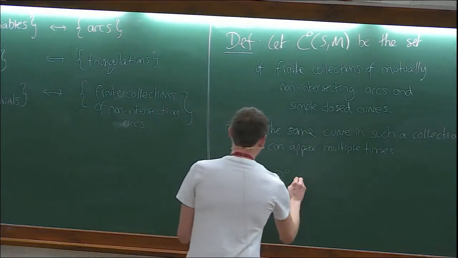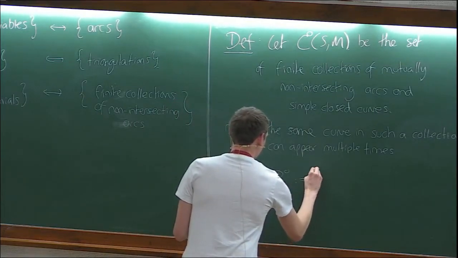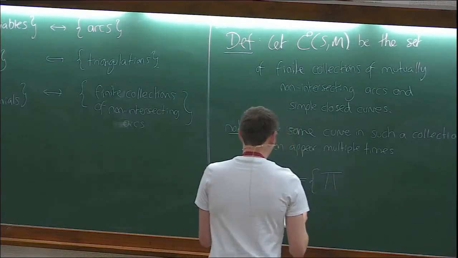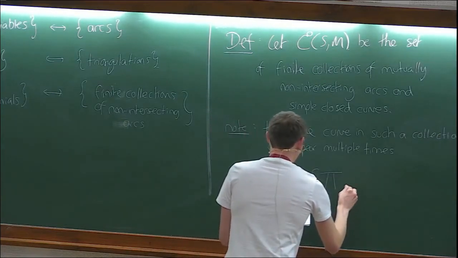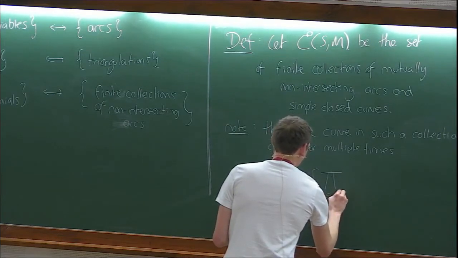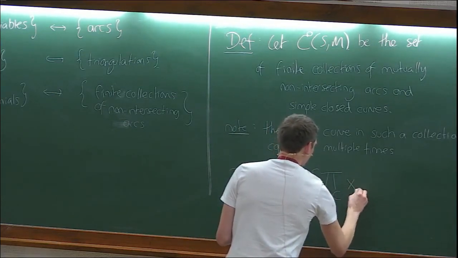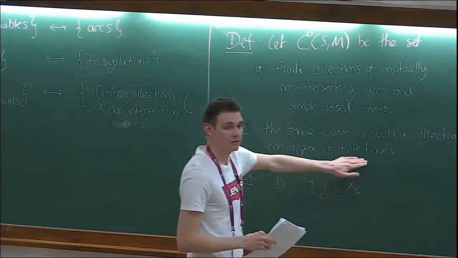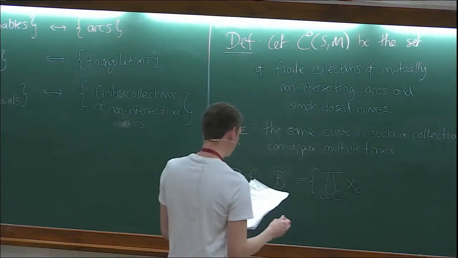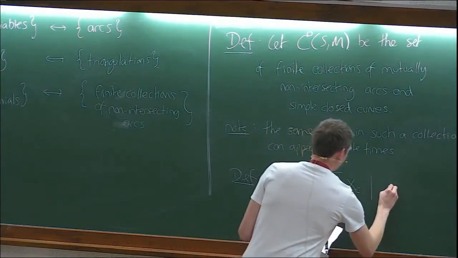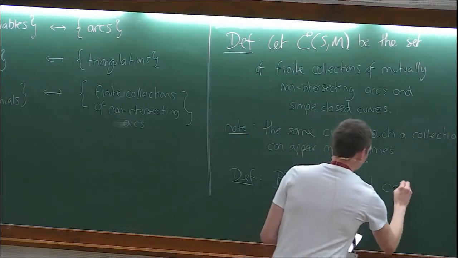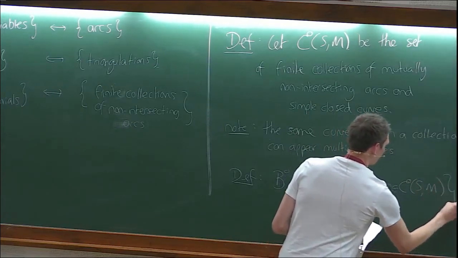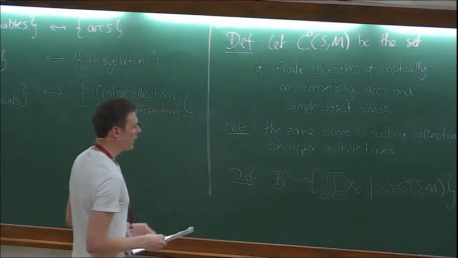So B circ is defined to be the elements corresponding to products of the curves in such a collection.